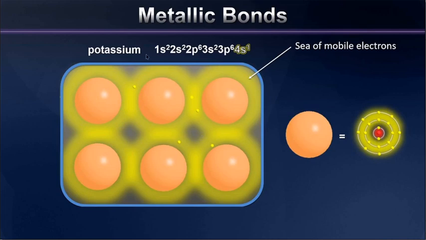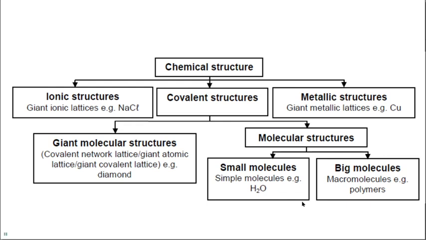See here? Here's potassium 1s2, 2s2, 2p6, 3s2, 3p6. That's this. Okay? And then this 4s1 is this yellow sea floating around the metallic cores. So here's the positive core, here's the sea of delocalized valence electrons.